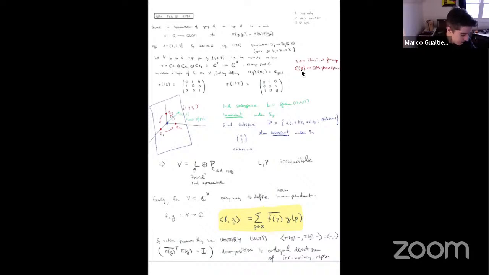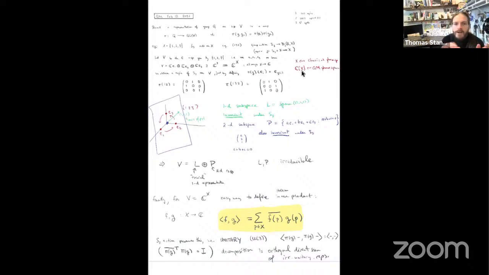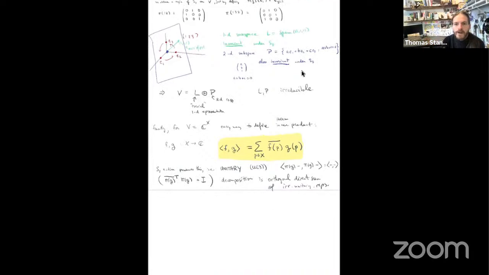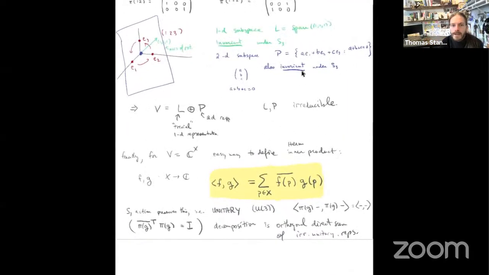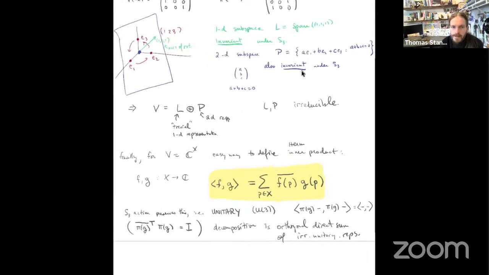A quick question. When we're showing that the representation is unitary, when we're writing down the inner product here, we're thinking of our operator as acting on the elements of X here, or the elements of V, like the functions on X into the complex numbers.